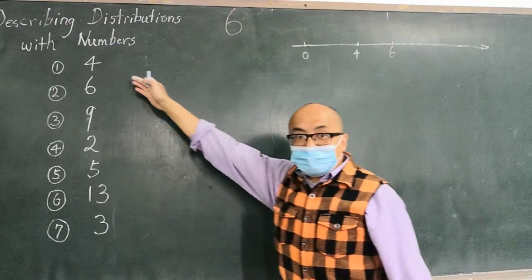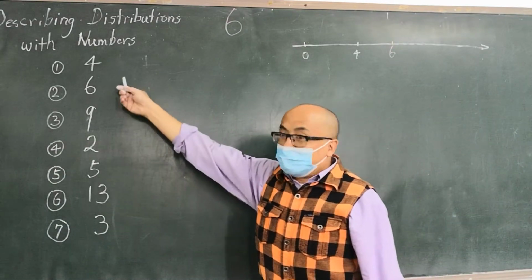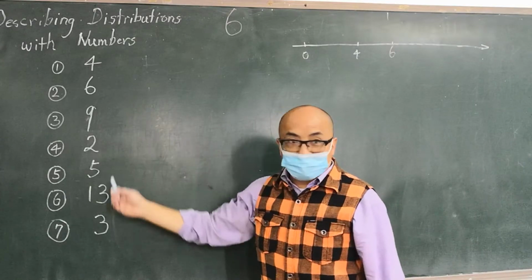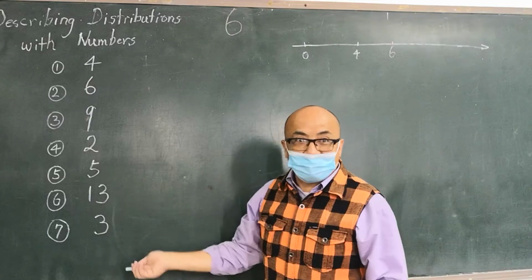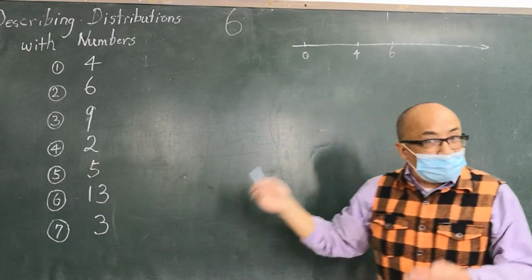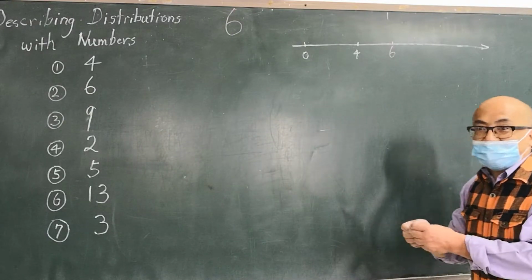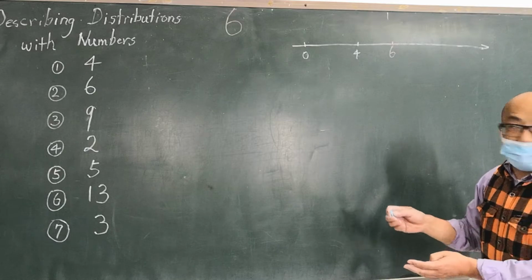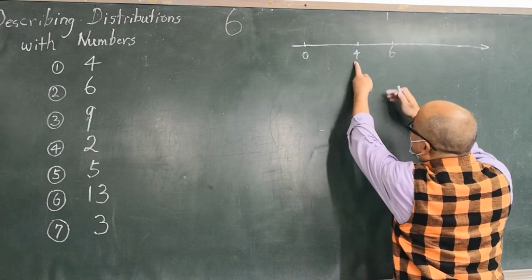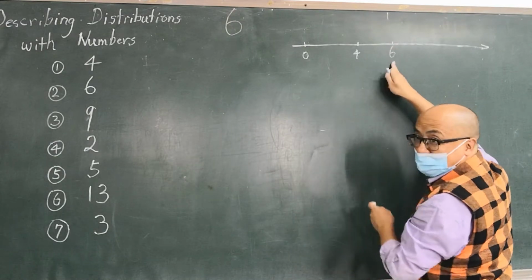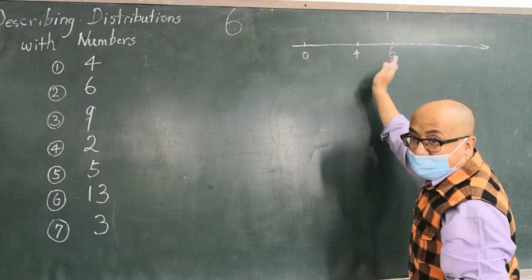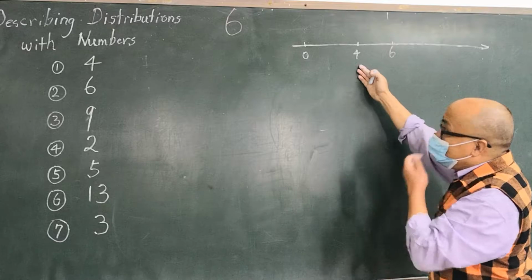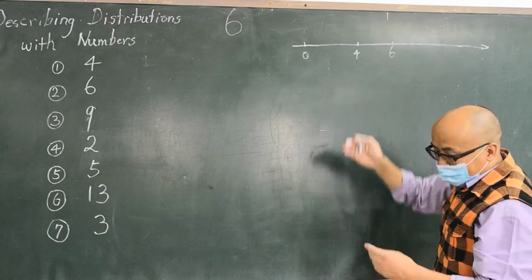On purpose, for teaching purposes, I use simple numbers, but in real life it may not be this simple. But it's the same logic. It's the distance from your number to the mean. And here, because it's on the left, it's -2.